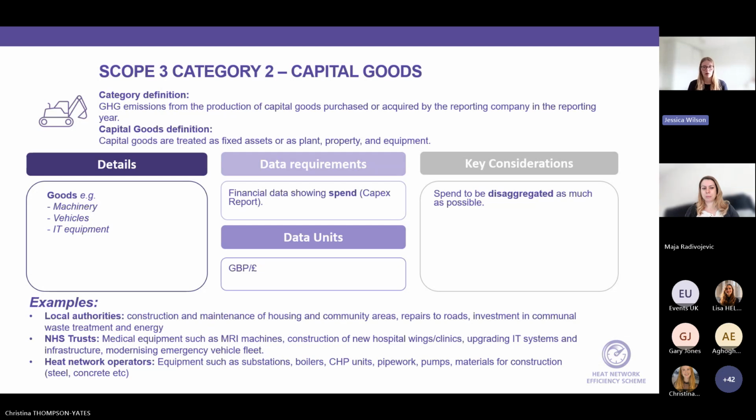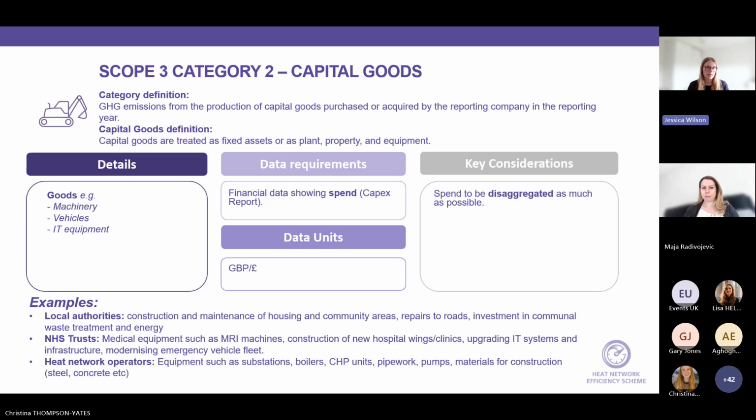Like category 1, financial data can be used, like the CapEx report, but then as you start to get more mature, you can start to use activity data if you have that, or supplier data. Similarly, the spend is to be disaggregated as much as possible so that emission factors can be assigned accurately.